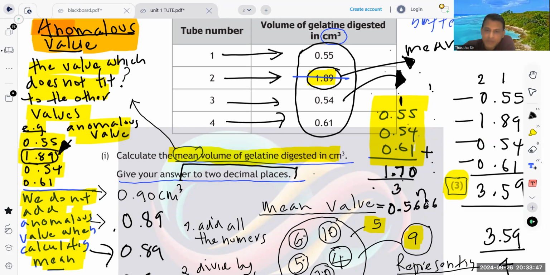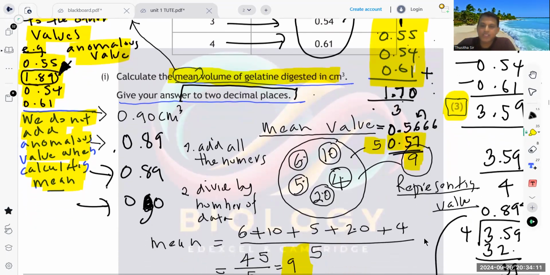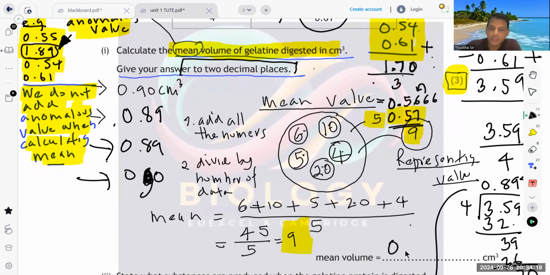This 6 is higher than 5, then I have to make this 7. 0.57. The correct answer is 0.57 now. So now you can write the correct answer here: 0.57.